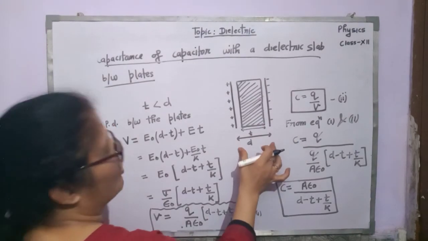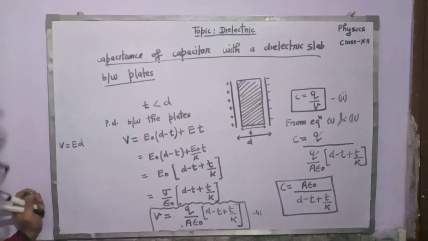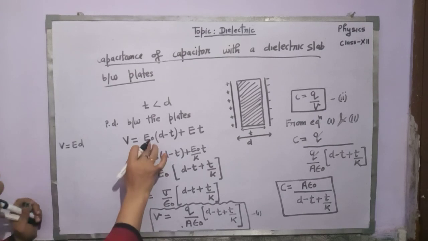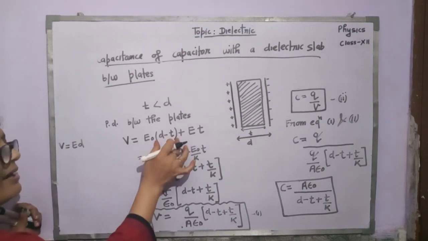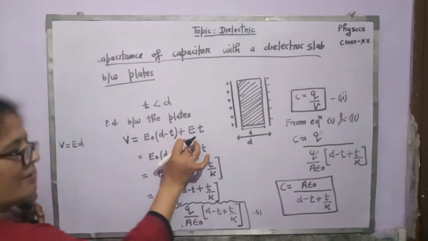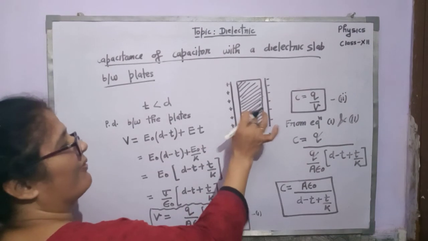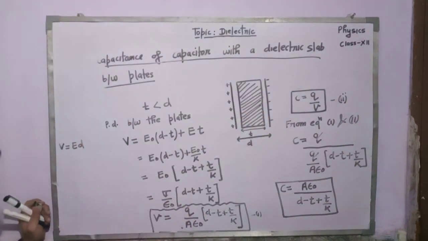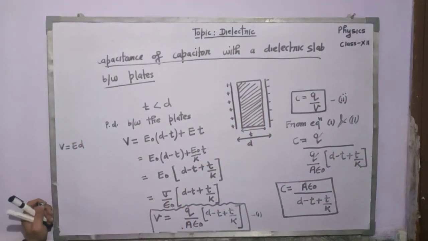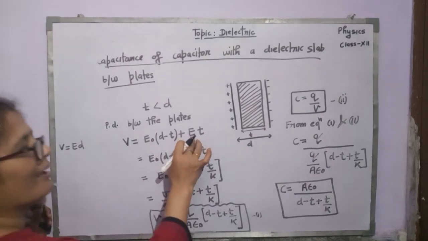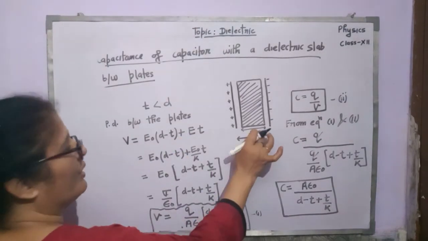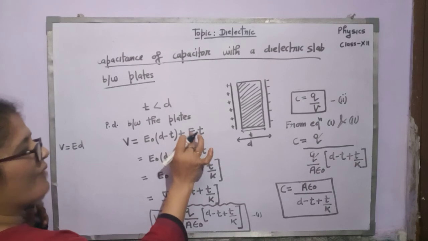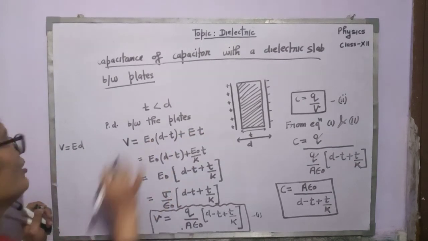In air, you know the applied electric field is E naught. Therefore, the first term is E naught times thickness in air, d minus t, plus. Now, what is the value of electric field inside a dielectric? That means the reduced value of electric field, which is denoted by capital E, and the thickness is equal to t. Now, what is the value of E in terms of E naught?